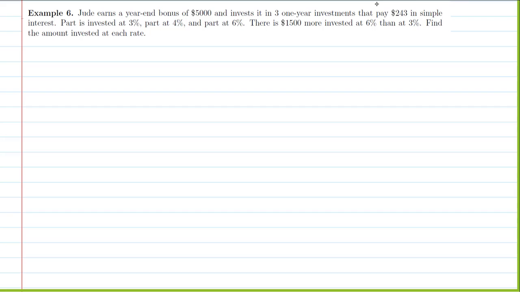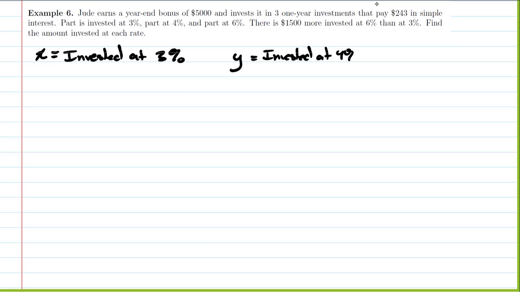So let's write down our variables. x is what's invested at 3%, y is what's invested at 4%, and z is what is invested at 6%.